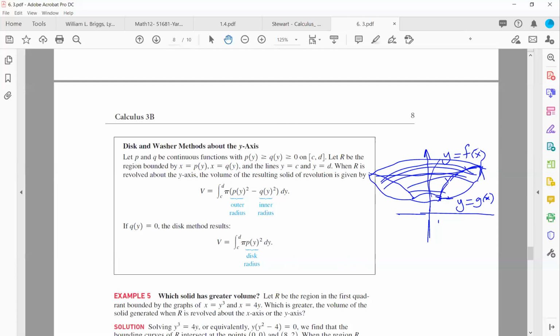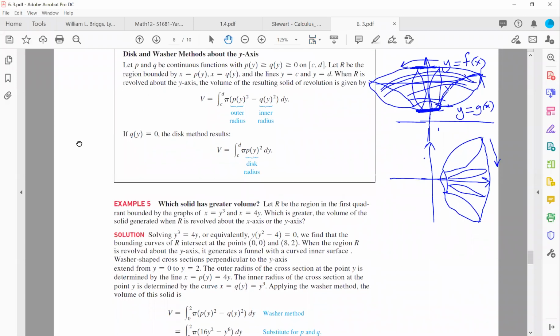So you're rotating this guy here. So first, convert your functions, write them in terms of y, then you have upper bound and lower bound on the y-axis. And then you're taking the integral with respect to variable y.